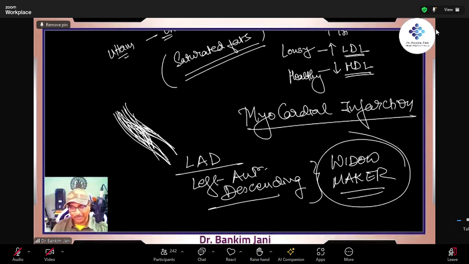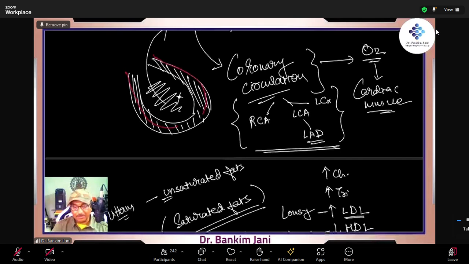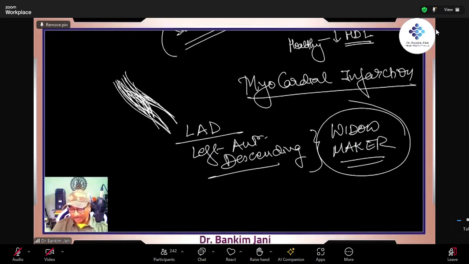But what I mean to say is that this is integration, that all these things are associated with each other. We were talking about blood, but yes, it will affect the heart. This is how it will be affecting the heart. Left anterior descending. This is anterior, descending. So it is called a widowmaker.